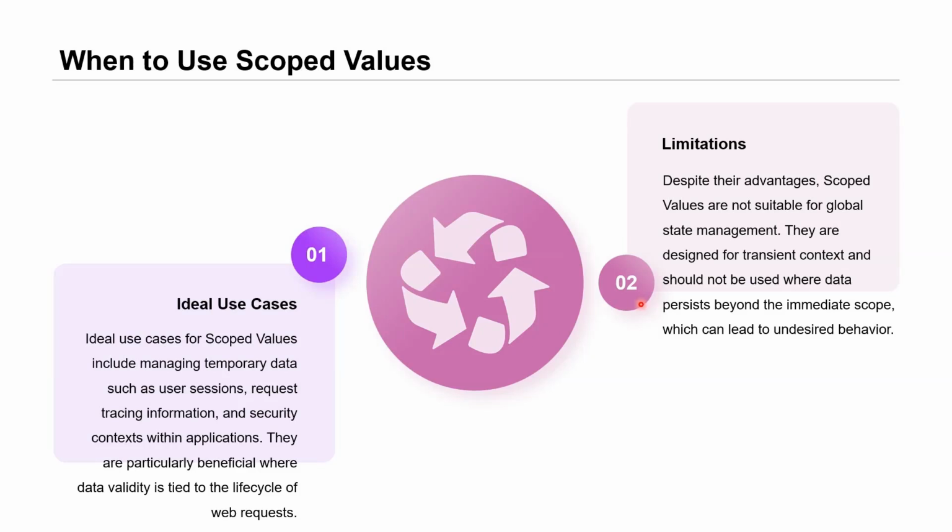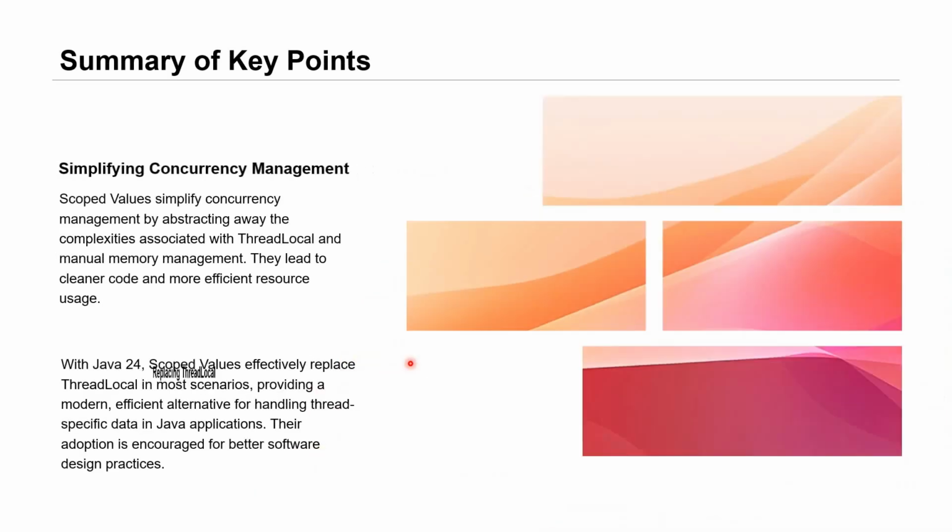But there are certain limitations: scope values are not suitable for global state management. They are designed for transient context and should not be used where data persists beyond the immediate scope, which can lead to undesired behavior.